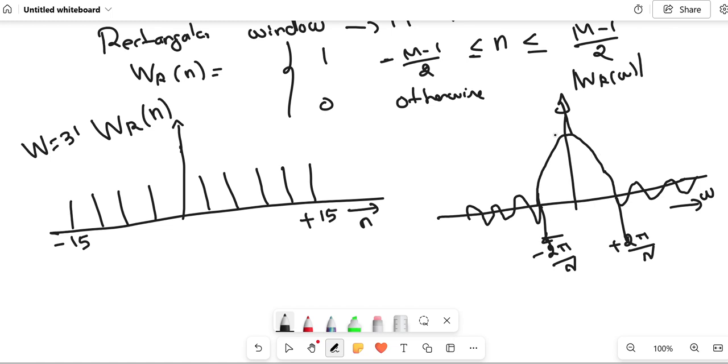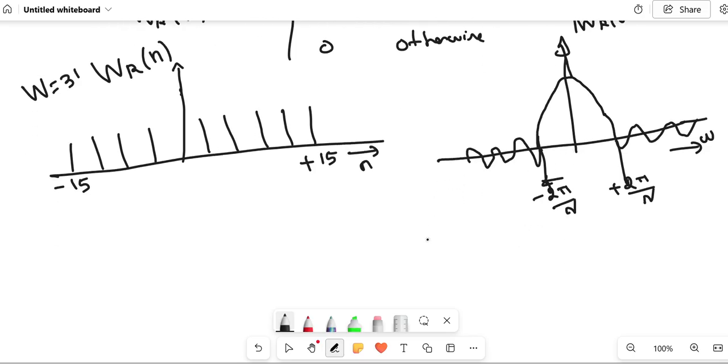If you see this spectrum, it has two features.